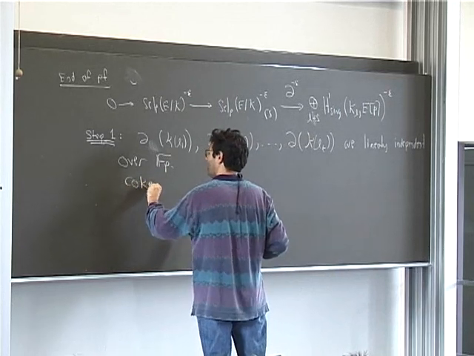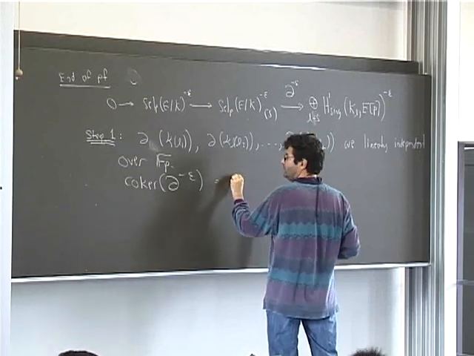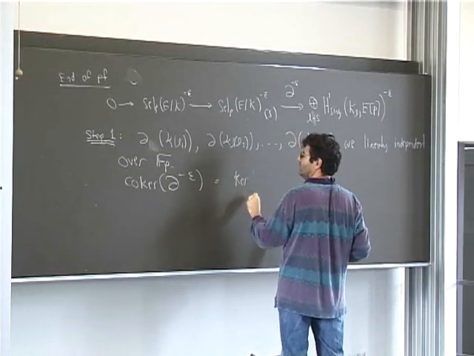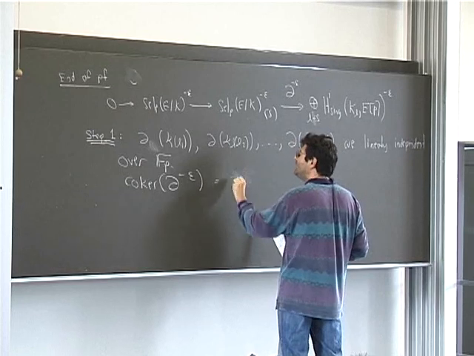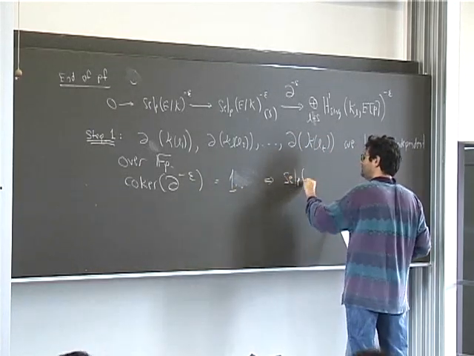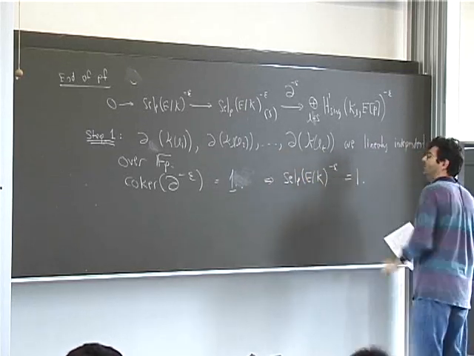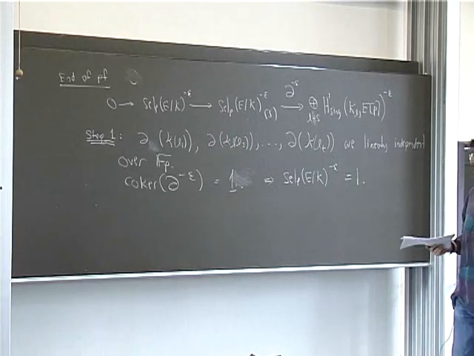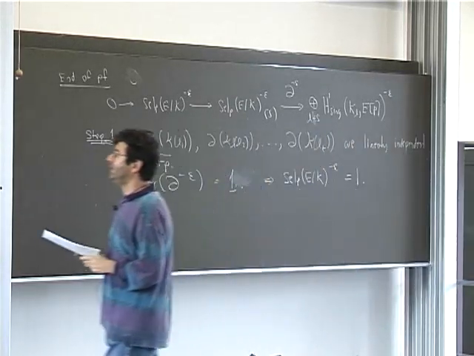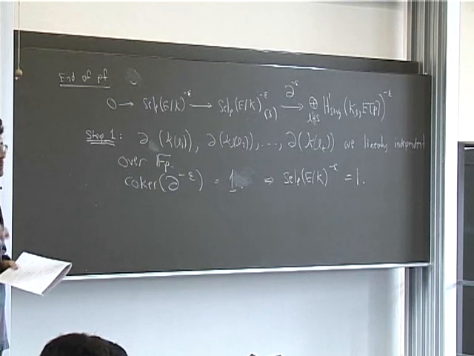So the co-kernel of the residue map minus epsilon, which has the same cardinality as the kernel, so is 1, right? And that tells us immediately that the p-Selmer group of E over K minus epsilon is trivial. Now, that's consistent with what you would expect from signs in functional equations, because remember, this epsilon turns out to be the eigenvalue of W_N, which is the negative of the sign of the functional equation.